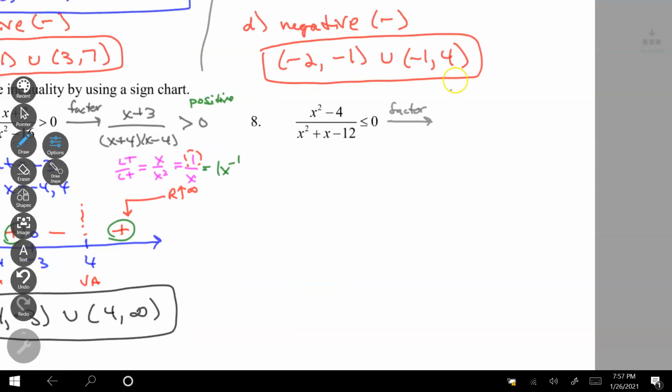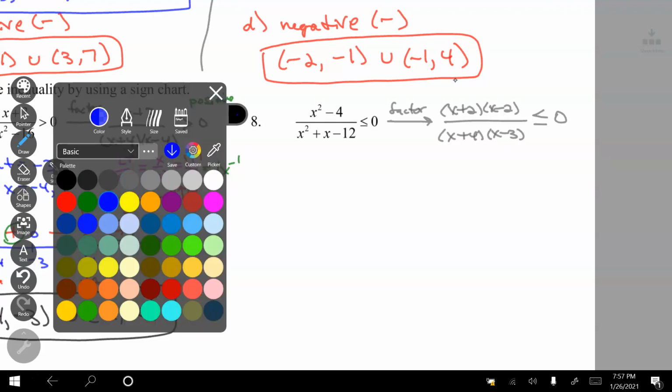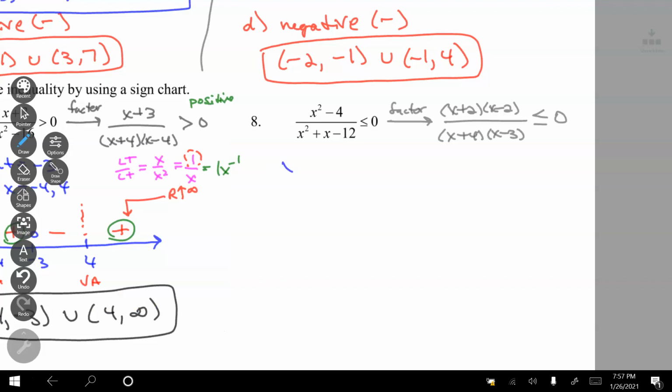So I have to factor this: x plus 2, x minus 2, over x plus 4, x minus 3. I want less than or equal to 0 on all this. So my x-intercepts are equal to negative 2 and positive 2. My VAs are x equals negative 4 and positive 3. I'll do my leading term right now.